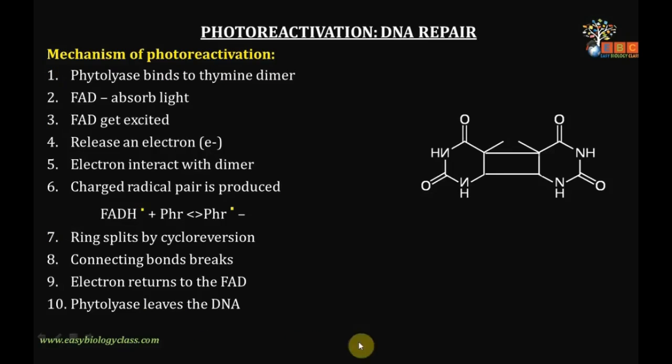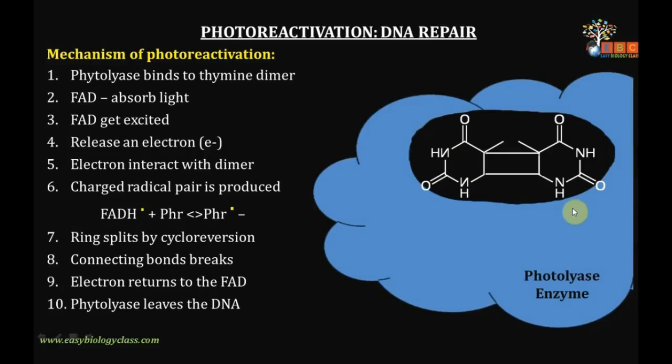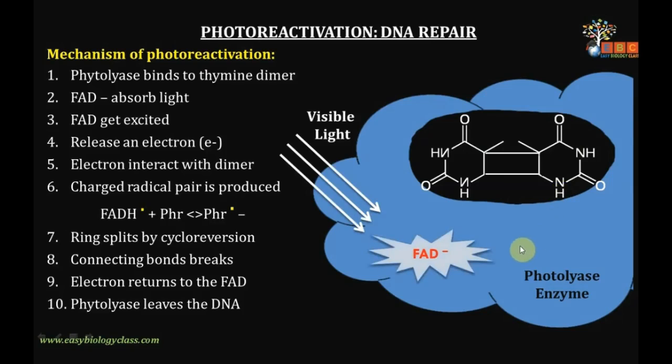First, the photolyase enzyme recognizes the thymine dimer lesion in the DNA and binds to it. The enzyme then absorbs visible light at 200 to 500 nm, that is the near blue region. As a result of the light absorption, the FADH- cofactor gets excited and elevated to a higher energy state. Excited FADH- transfers an electron to the thymine dimer. This electron interacts with the thymine dimer, and as a result, a charge-separated radical pair is produced.